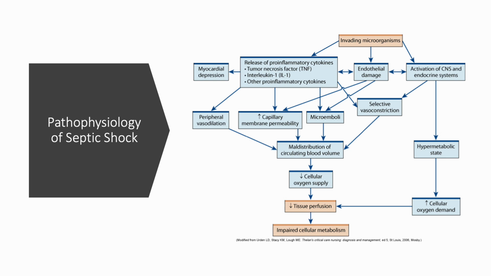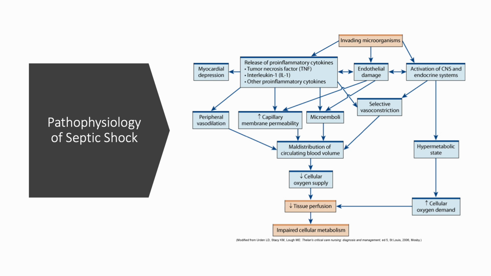This pathophysiology explains why septic shock requires aggressive treatment to prevent organ damage and improve tissue perfusion. There is an invading microorganism that triggers the release of pro-inflammatory cytokines like TNF and IL-1, causing widespread endothelial damage.